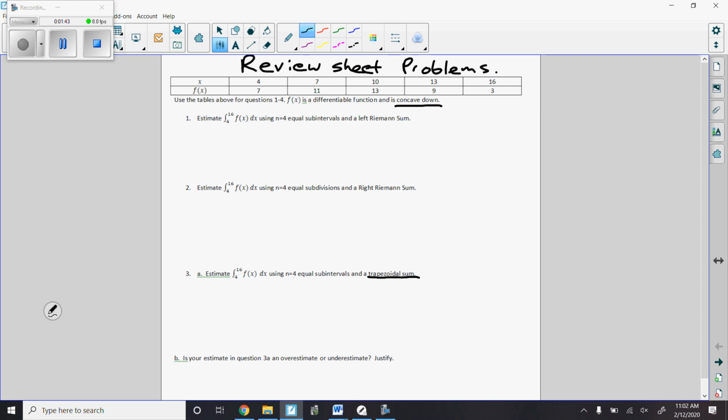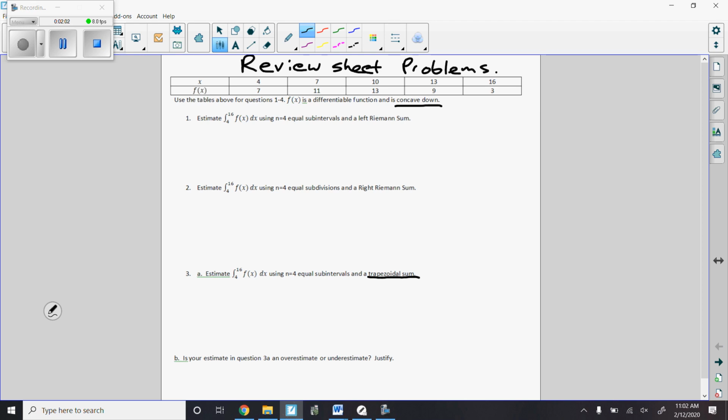We can tell by the numbers, at times this function must increase, at times this function must be decreasing. So I can't tell if 1 and 2 are over or under estimates, but I can tell part 3 on a trapezoidal sum, because trapezoidal over or under estimates are determined by concavity.